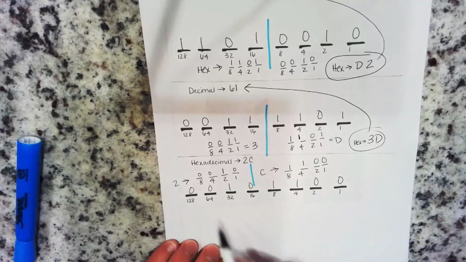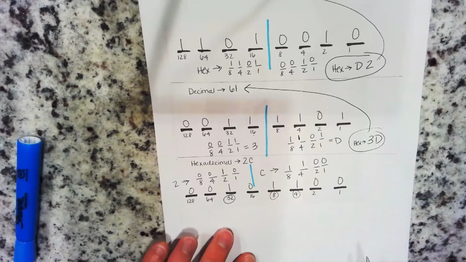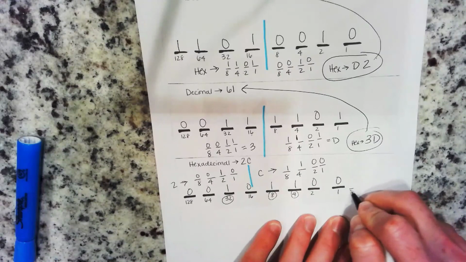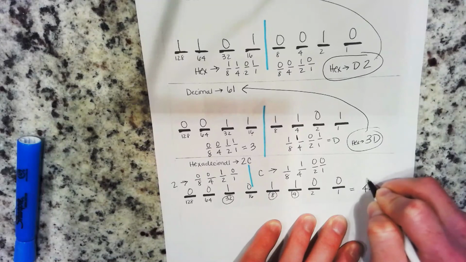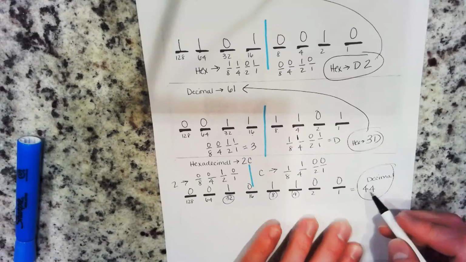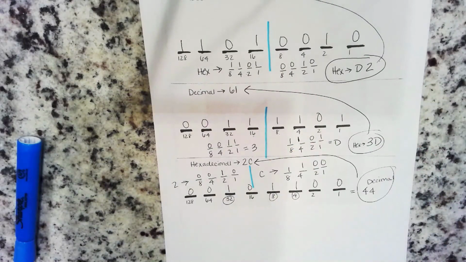Now I'm just going to add those values: 32, 8, 4. 32 plus 8 is 40, plus 4 more equals 44 in decimal. So 44 in decimal equals 2C in hexadecimal.